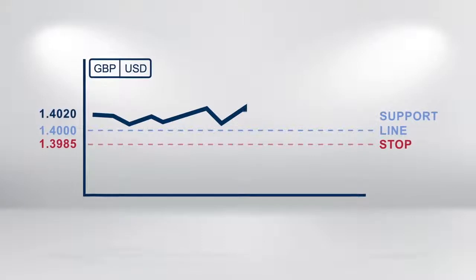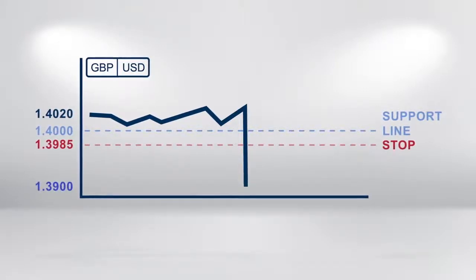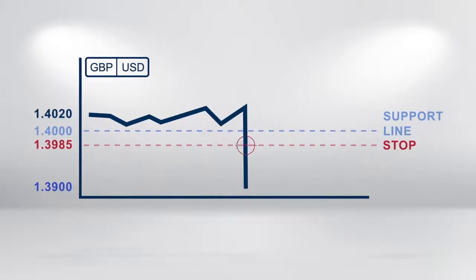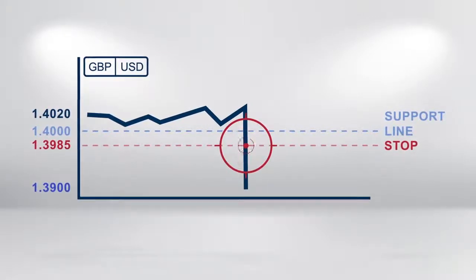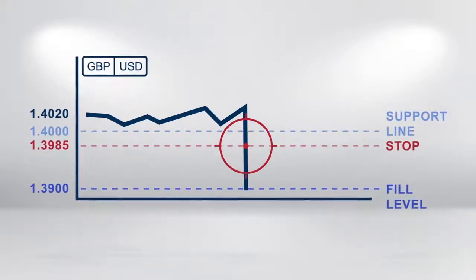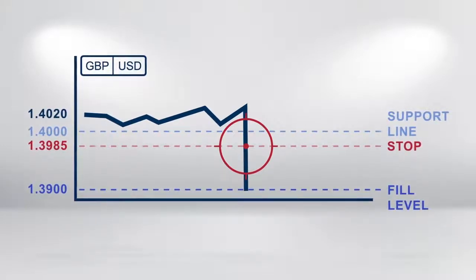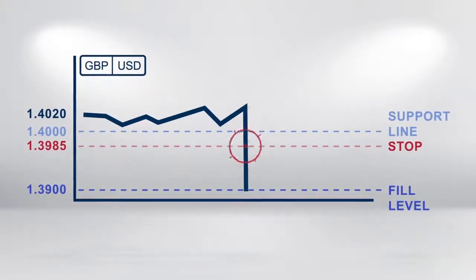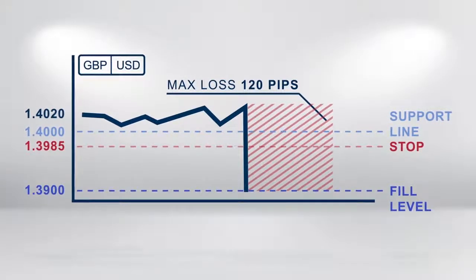Unfortunately, the support levels eventually broke and the market dropped from 1.4000 down to 1.3900 in one move. As a result, the stop order was triggered at 1.3985, but the first tradable price in the market was 1.3900, and this is where the order gets filled. So the max loss on the trade changes from 35 pips to 120 pips, and we are taken out of the position.